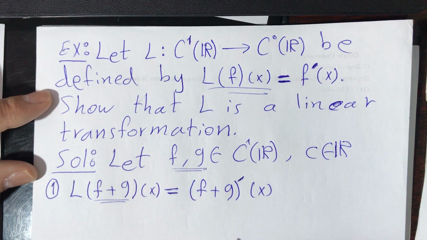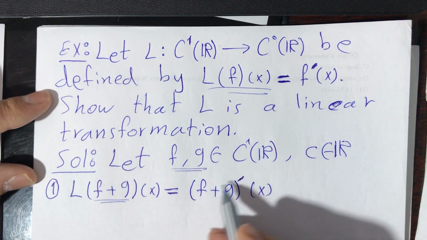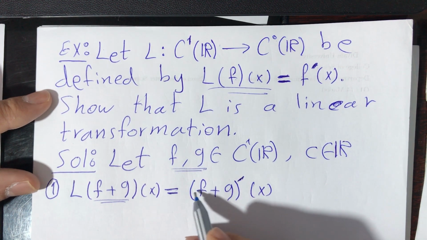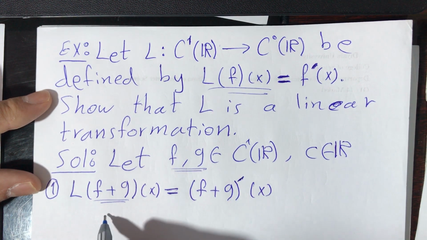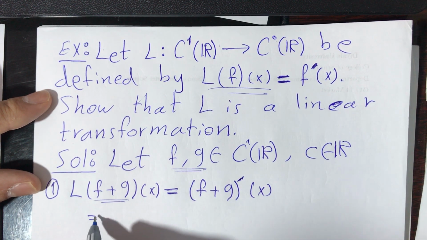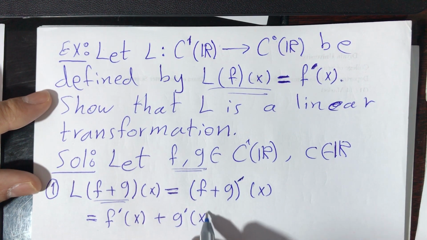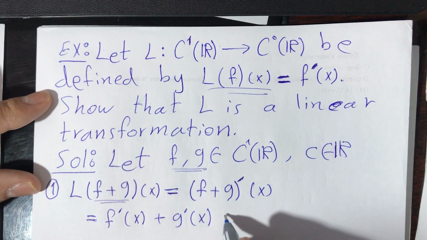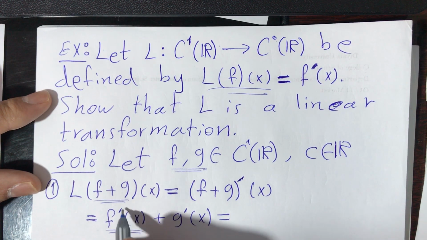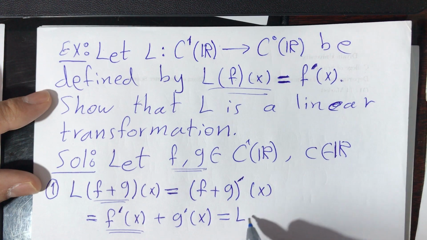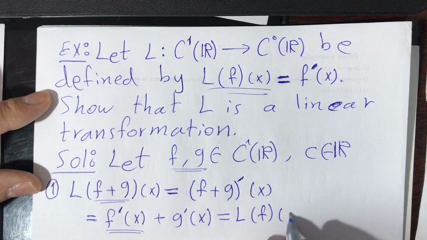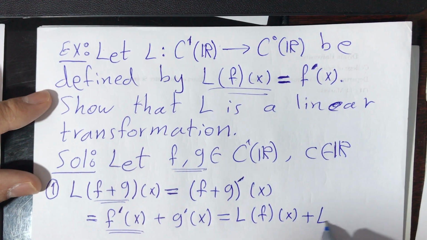And we know from calculus the derivative moves here and here, moves to the sum. So this is equal to f prime of x plus g prime of x, and this is equal to, from the definition, L of f of x plus L of g of x.